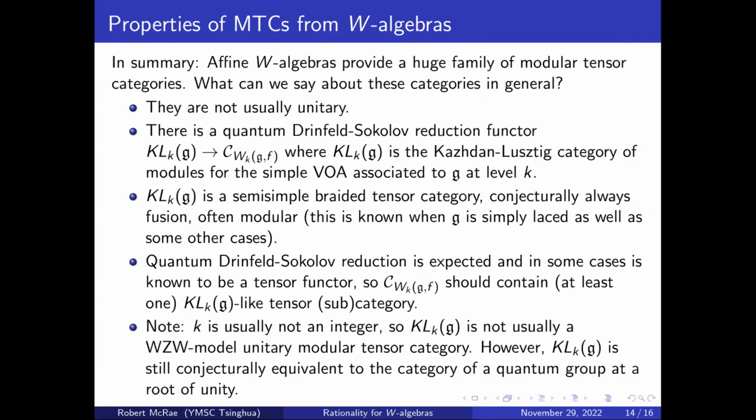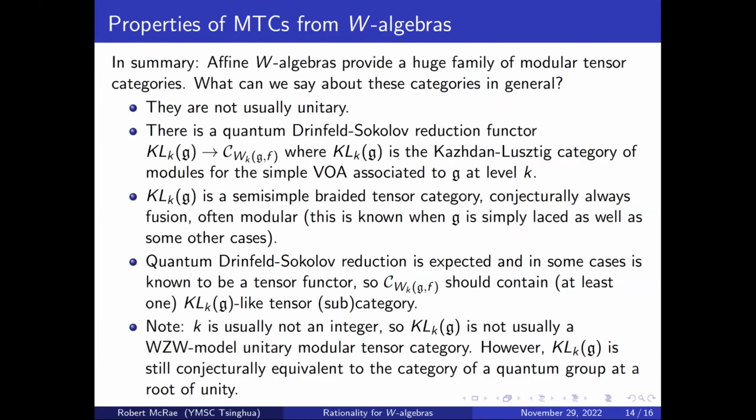We also expect this quantum Drinfeld-Sokolov reduction functor to be a tensor functor, and in some cases this is known to be true. So that means that this category of modules for the W-algebra should contain a subcategory, which is basically this affine Lie algebra tensor category.